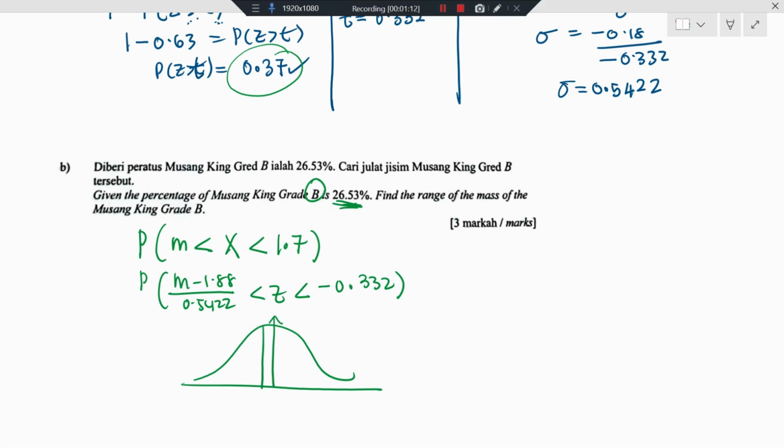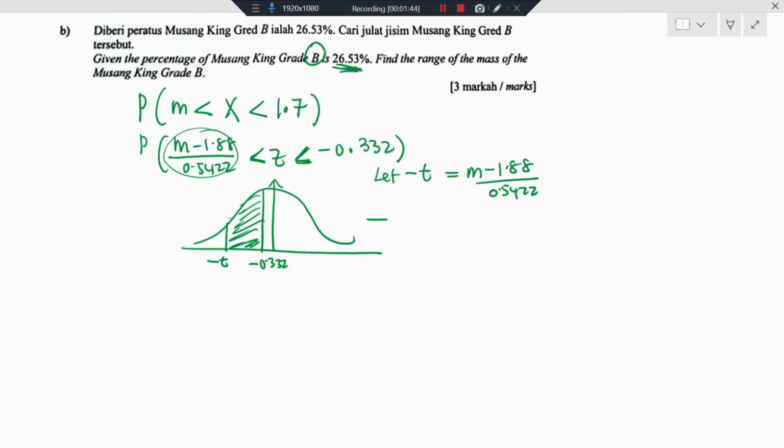Your negative 0.332 is here. That means this whole thing is t, right? Observe the symbol. Your negative 0.332 is the maximum, so your negative t should be here, in between. Okay, here is your shaded region. So you need to let negative t is equal to m minus 1.88 over 0.5422.